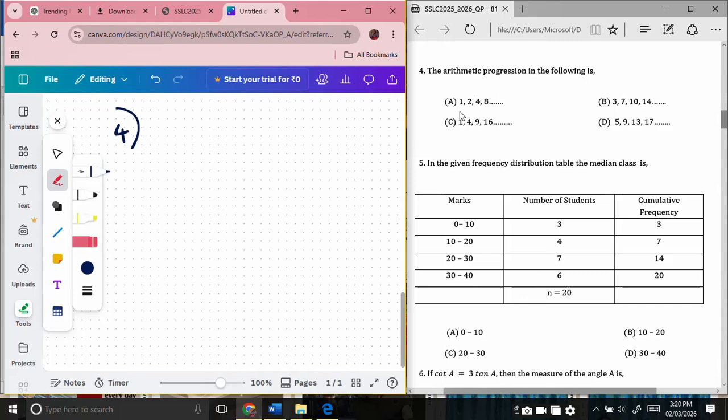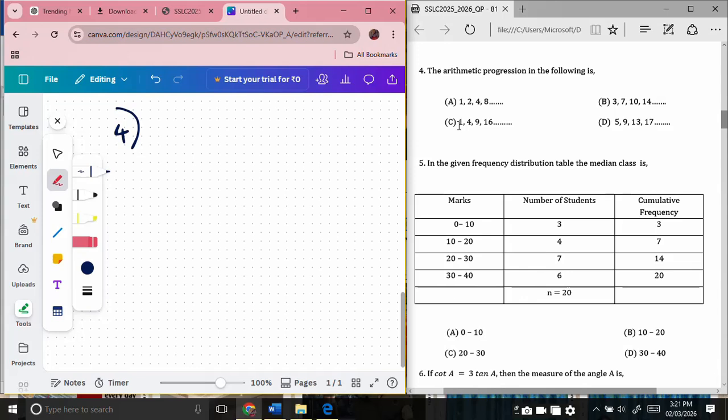In the first, 1 plus 1 is 2, 2 plus 2 is 4, 4 plus 4 is 8. Here 3 plus 4 is 7, 7 plus 3 is 10, 10 plus 4 is 14. So B is the wrong option, B cannot be the answer.